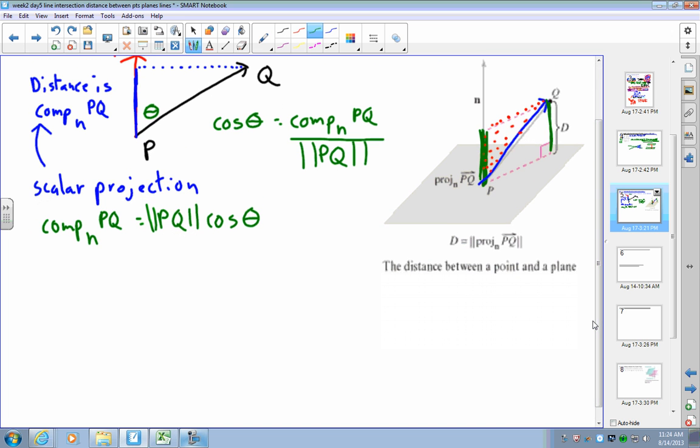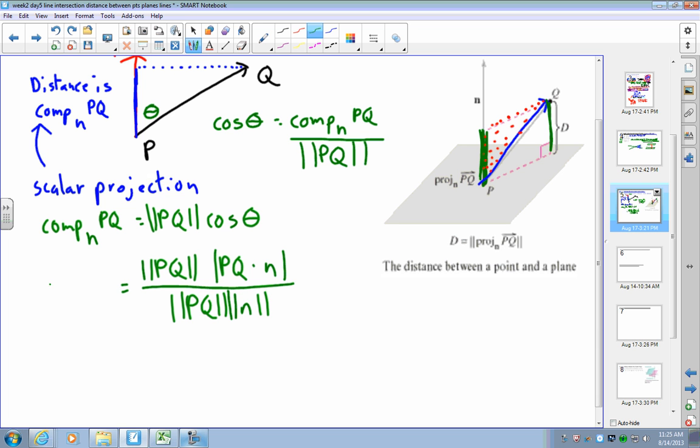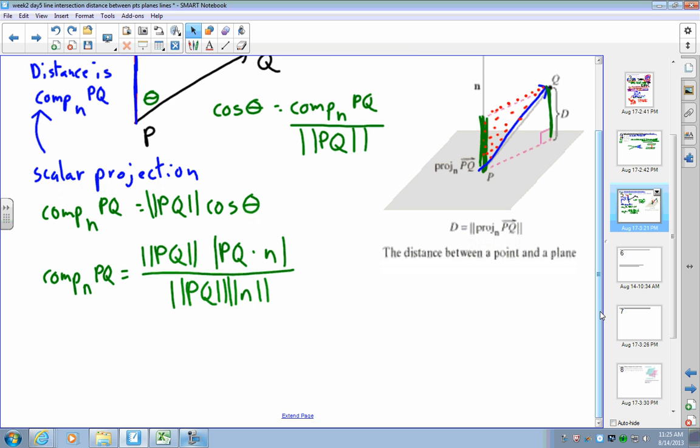Now, cosine of theta can be brought down as PQ dot N all over the magnitude of PQ times the magnitude of N. And this, again, would be the component. Well, what cancels? The magnitudes of both the PQs go away.